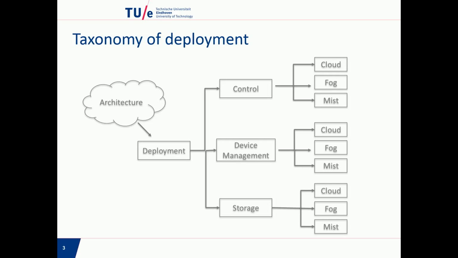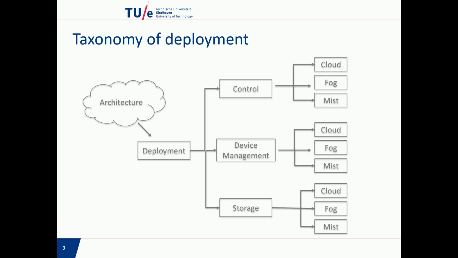Namely, they are cloud for functions in the cloud, fog for functions in a fog device, and mist for functions in end devices. The decision of where to place the control function affects the IoT system's extra-functional properties of latency, single point of failure, and the decision complexity.